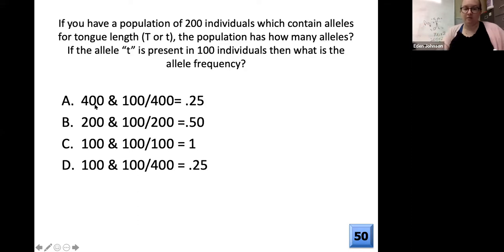But as you can see from these answers, the only one that would even fit is the first one, because your first question was how many alleles? You have 400 total alleles, and A is the only one that even fits with that.